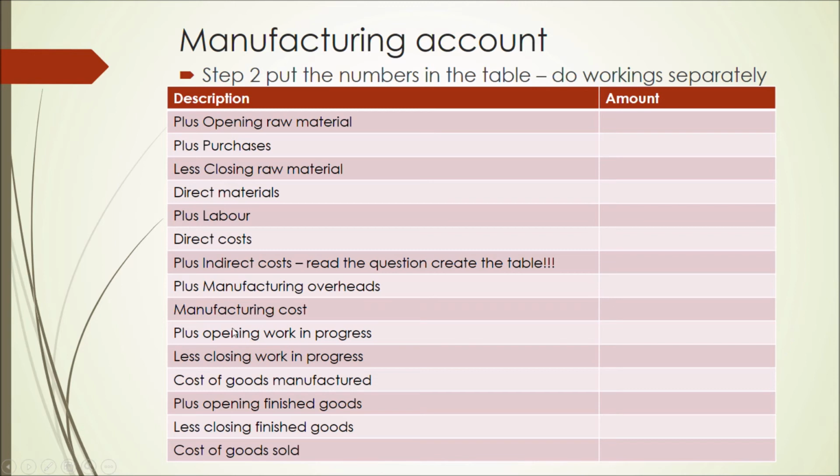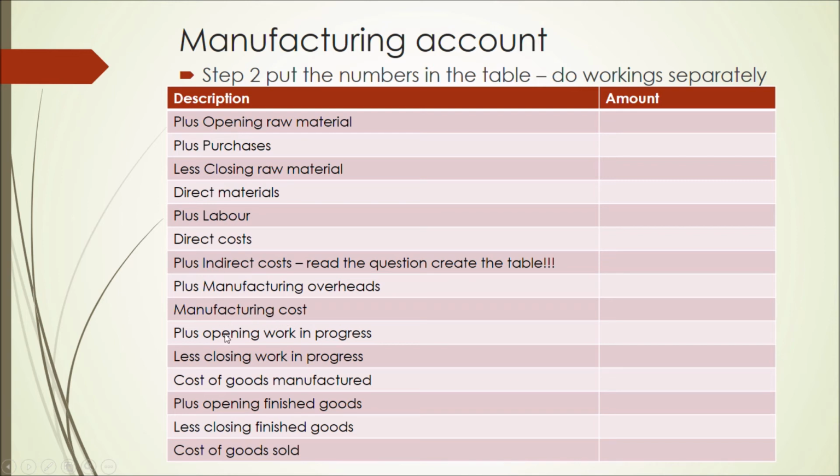So this manufacturing cost plus the opening work in progress less the closing work in progress gives you the cost of goods manufactured. So what was actually produced, these little products that came off our line. So this is stuff that came out of our goods in warehouse in here, plus we add some labour to that, plus these overheads that gets the manufacturing costs.